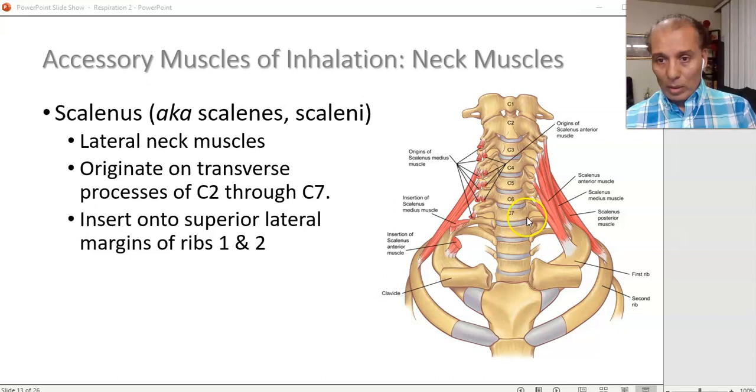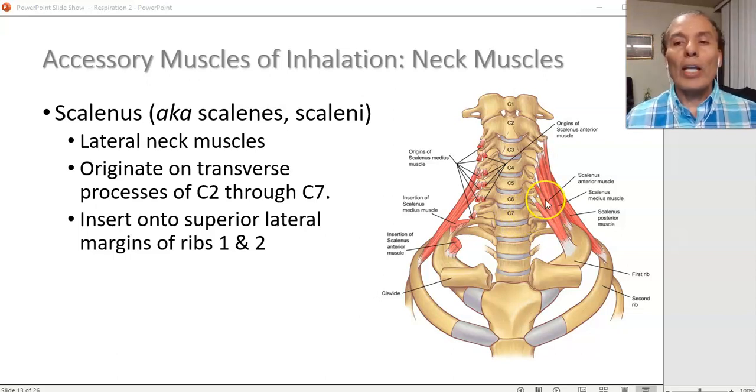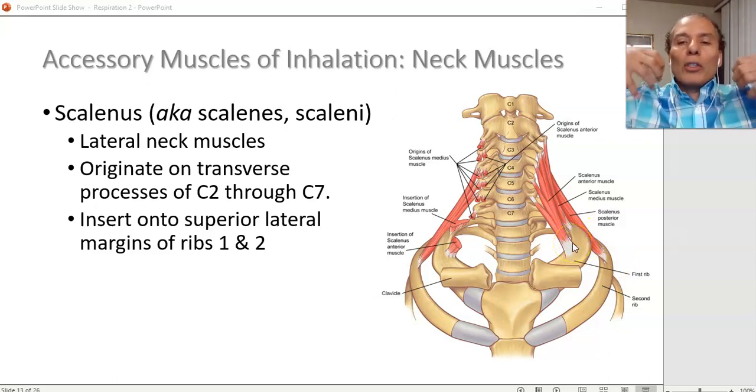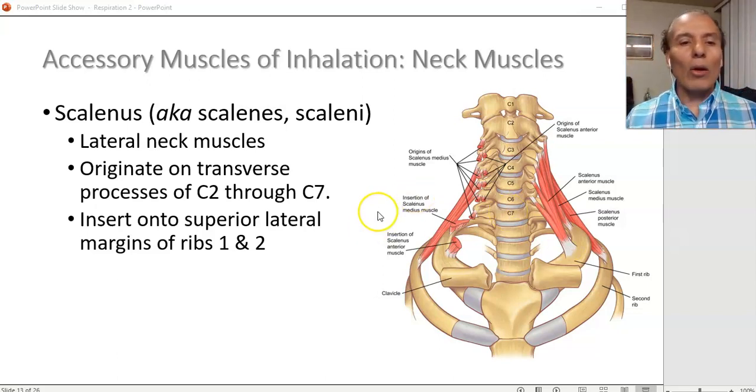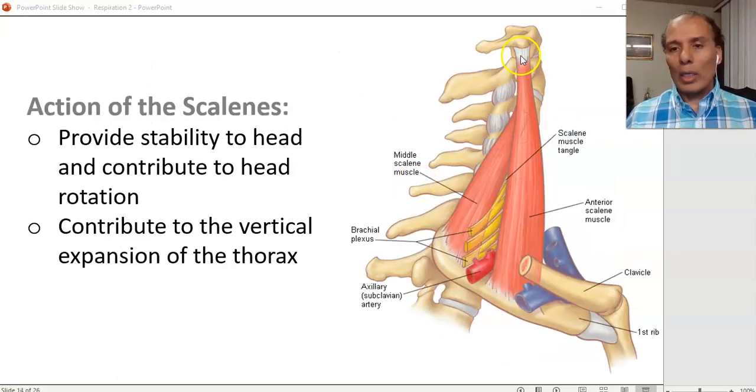So C7 here. And they have several points of origin, but they insert only on 2 ribs, ribs number 1 and 2. So these are powerful lifters of the thorax from the sides. And they also contribute to neck rotation. You can see them here. Very powerful in rotating the neck and the head, and they also contribute to the vertical expansion of the thorax.